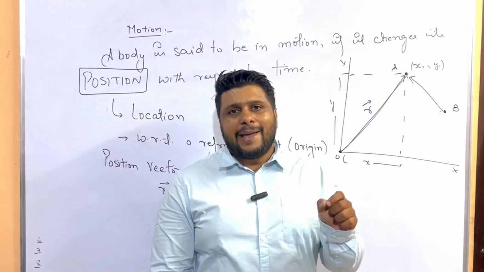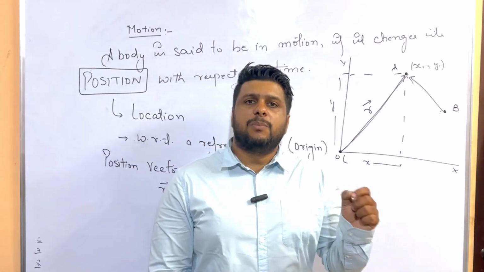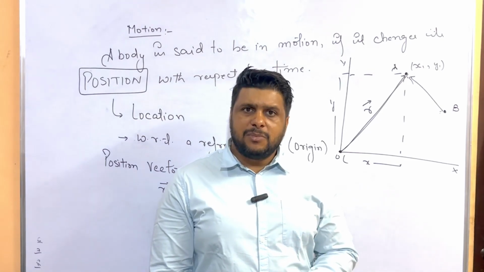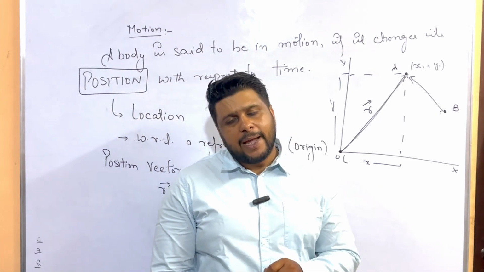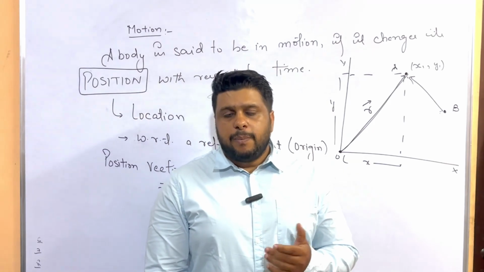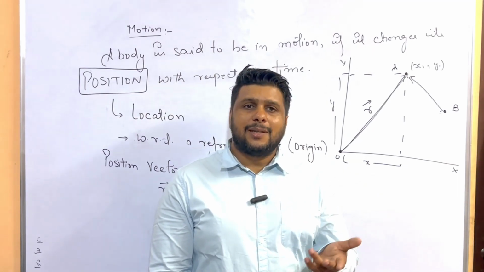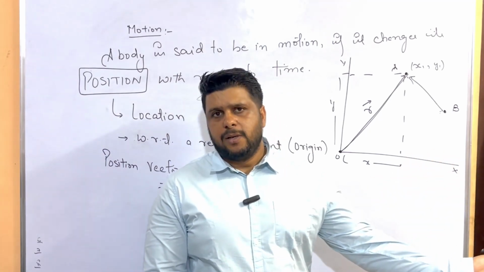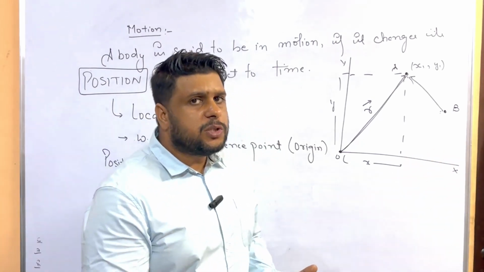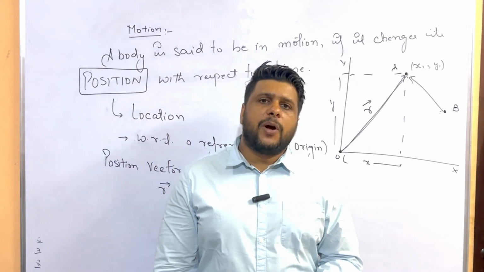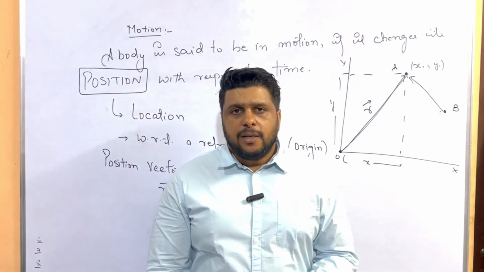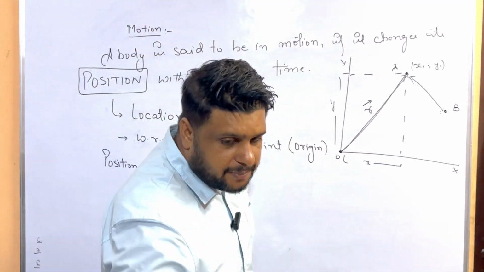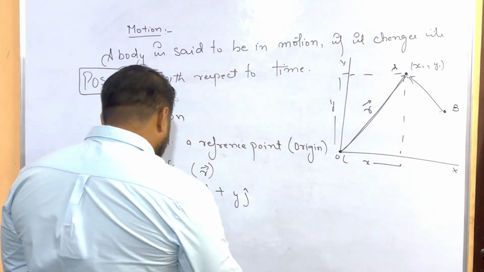So a body can be at rest as well as in motion at the same time. Why? Because it is all because of the reference point. So we have to choose and see the reference point very carefully when we want to see whether a body is at rest or in motion. I hope this is clear to everyone.